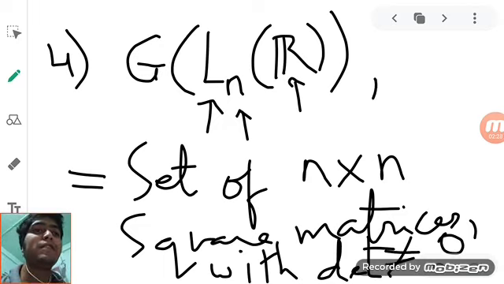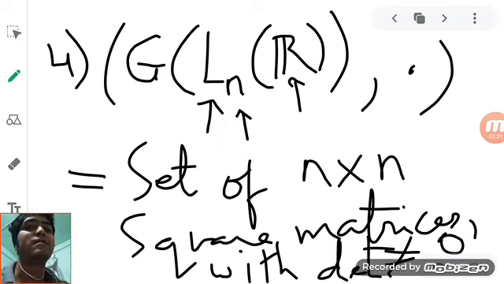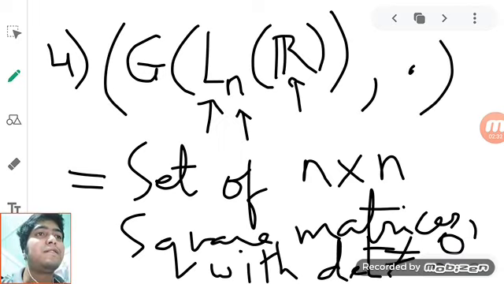Over here the operation will be multiplication. Over here n can take any natural number. The value of n can be equal to 1, it can be equal to 2, it can be equal to 3, and so on. It can be any natural number.